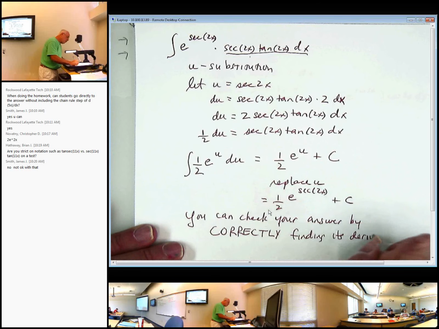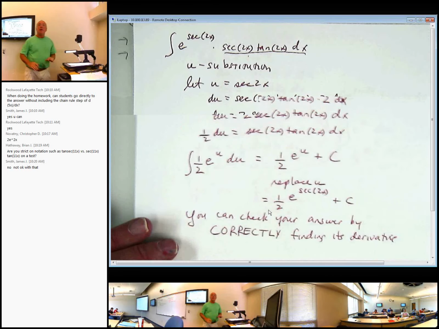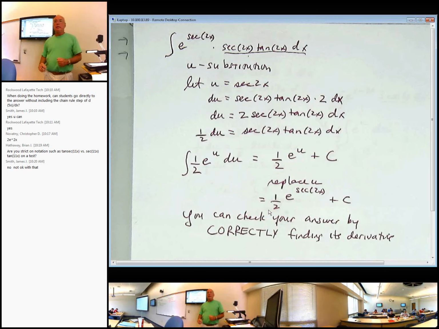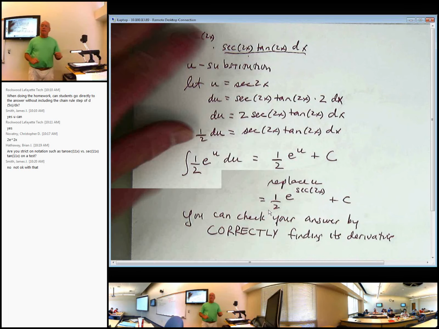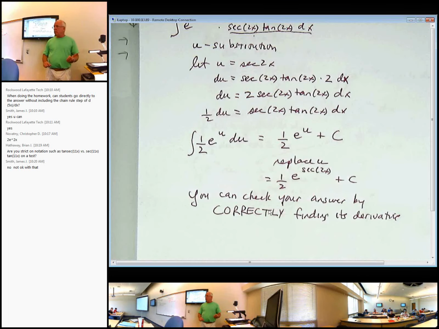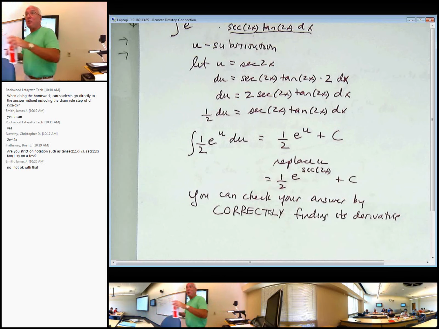Which means, of course, when you do its derivative, you have to use the chain rule to correctly get its derivative. All right. I actually was going to say, how do we find out the answer is correct? Well, we look in the back of the book and we see if it matches. But I thought, nah. Anyway, but that certainly is one way to find out whether our answer is correct.